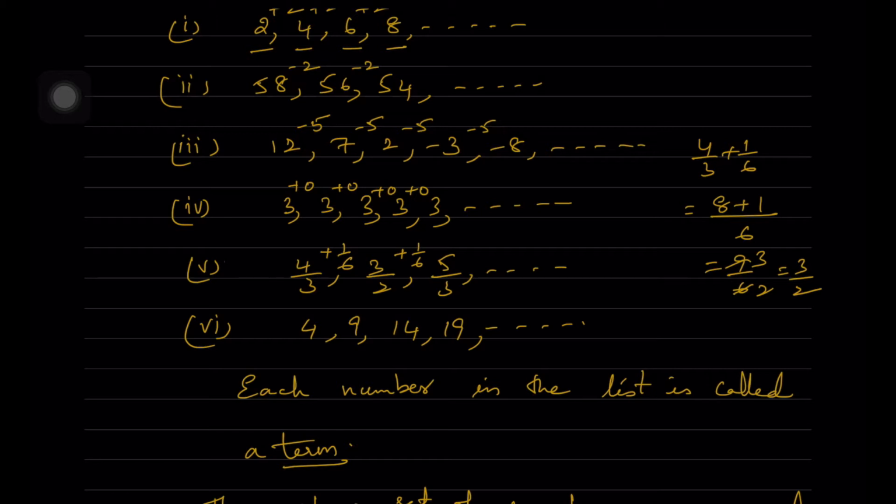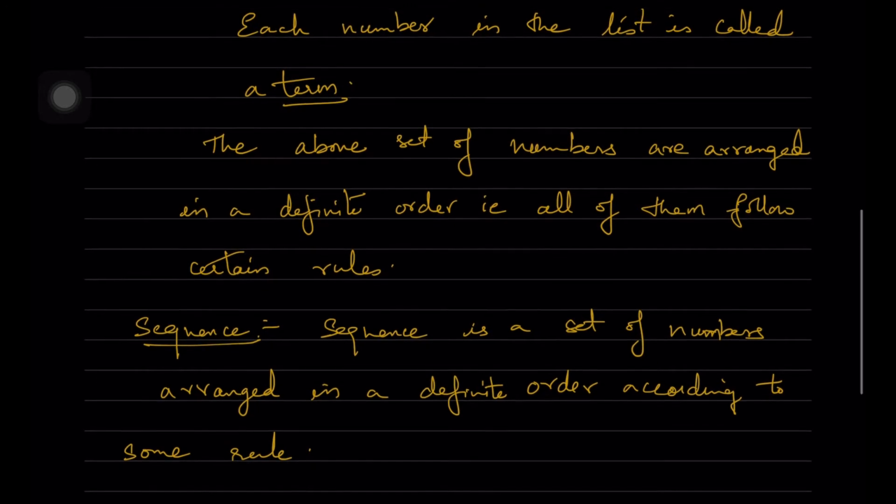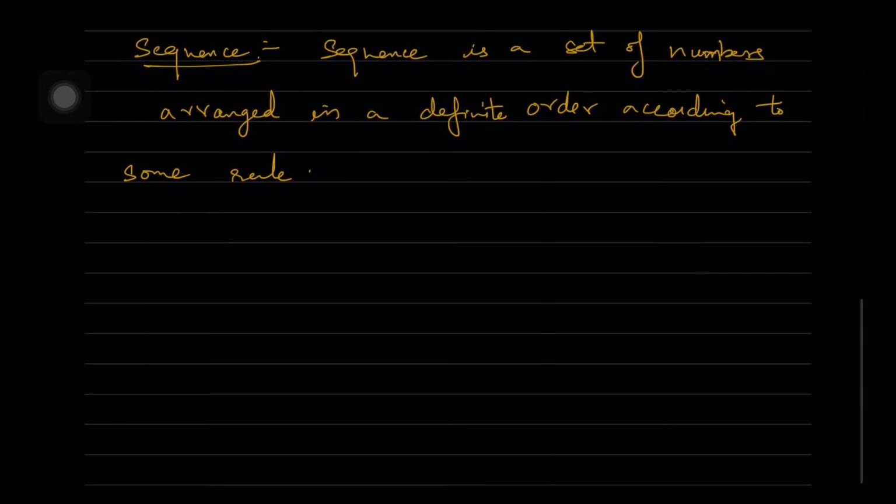4 plus how much is 9? 9 plus how much is 14? And 14 plus how much is 19? So 4 plus 5 is 9. 9 plus 5 is 14. 14 plus 5 is 19. In all the sequences you can see that the successive term is obtained by adding a fixed number.